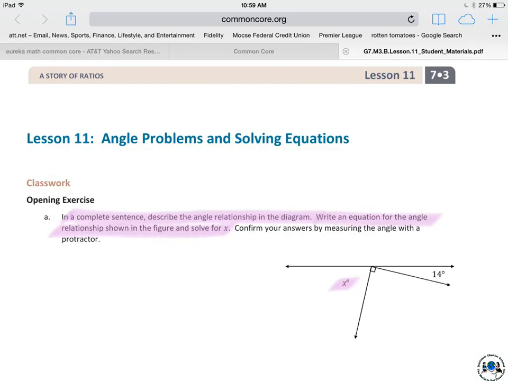Then confirm your answers by measuring the angle with a protractor. It would be good to start working with a protractor. If someone has difficulty working with a protractor, maybe that's something we should do in class. I'll plan on doing that next time we meet. So go ahead and do that and come on back.